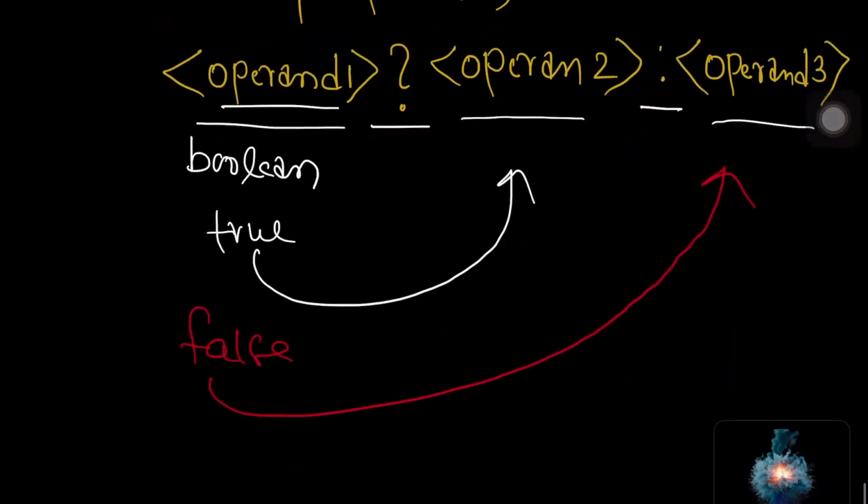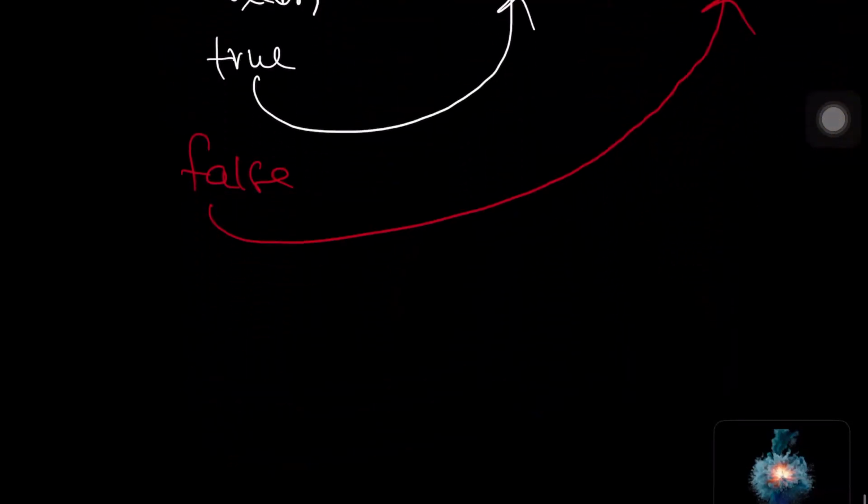Let's take an example. I write int a equal to true, then question mark, then 30, then colon, and then 40.